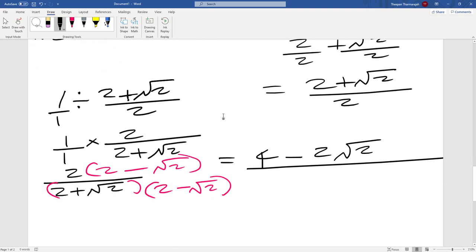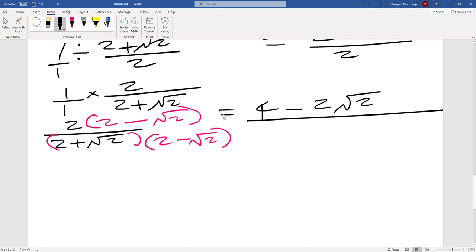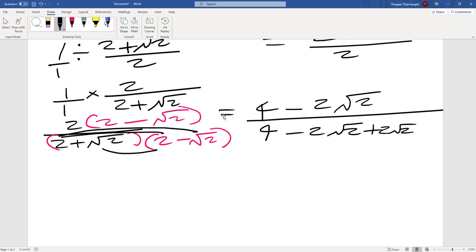So expanding the brackets in the bottom, 2 times 2 gives me 4. 2 times minus root 2 gives me minus 2 root 2. 2 times positive root 2 is 2 root 2. And then root 2 times minus root 2 is simply minus 2.